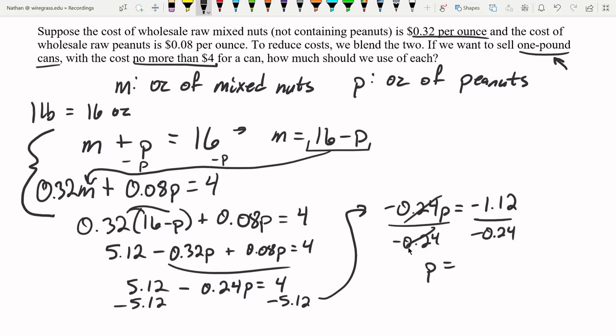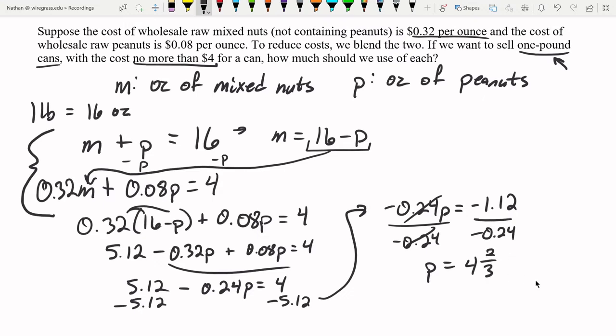That's going to give me p equals 1.12 divided by 0.24, which says 4.66666, it just repeats 6. That's the same thing as saying, I'm going to write this as a mixed number instead, 4 2/3.